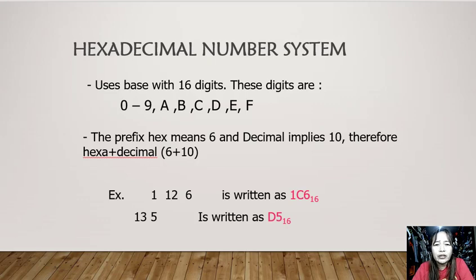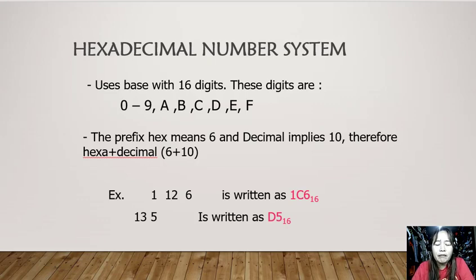Because we start at 0, that is equivalent to 16 digits, so hexadecimal numbers have a base of 16. The prefix hex means 6 and decimal implies 10, so hexa plus decimal, 6 plus 10, is equivalent to 16.